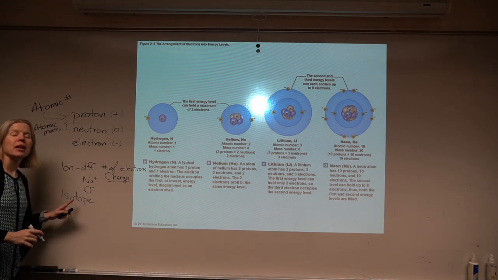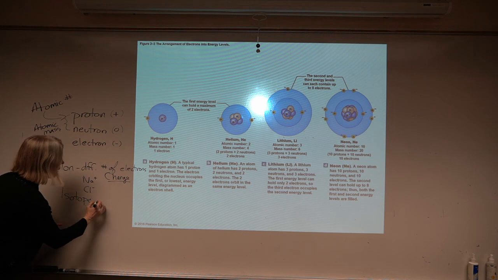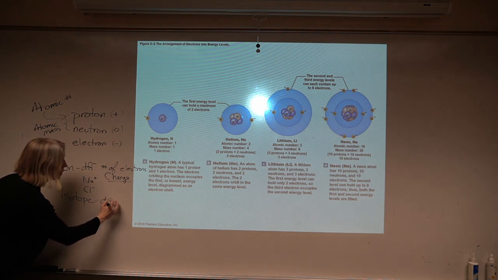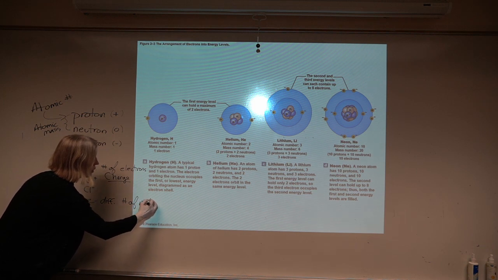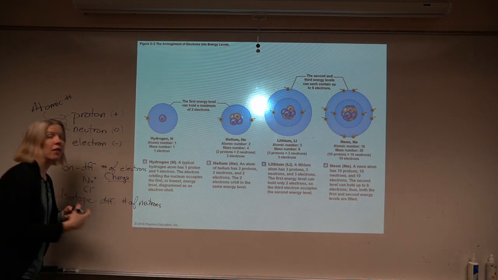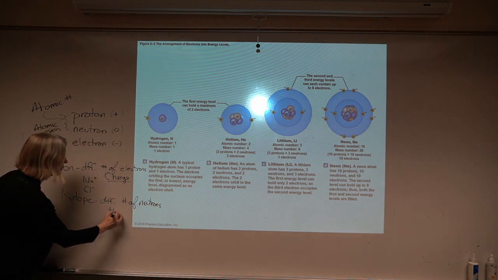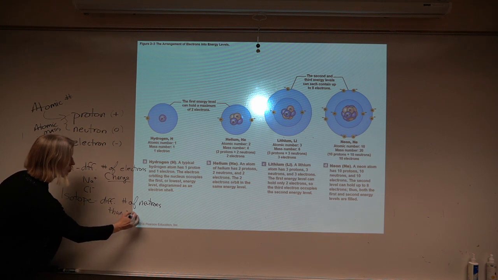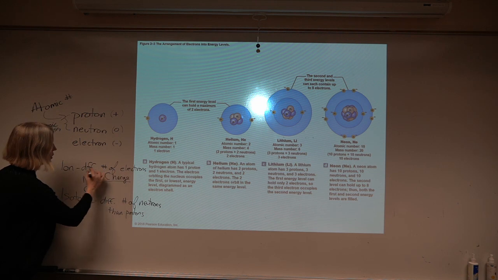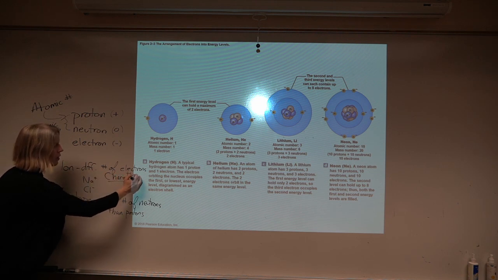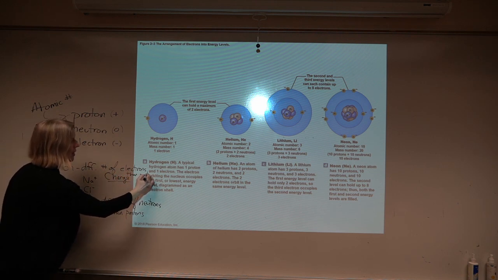This isotope is when there is a different number of neutrons than there are protons. Protons are kind of our baseline. Same up here, different number of electrons than protons.